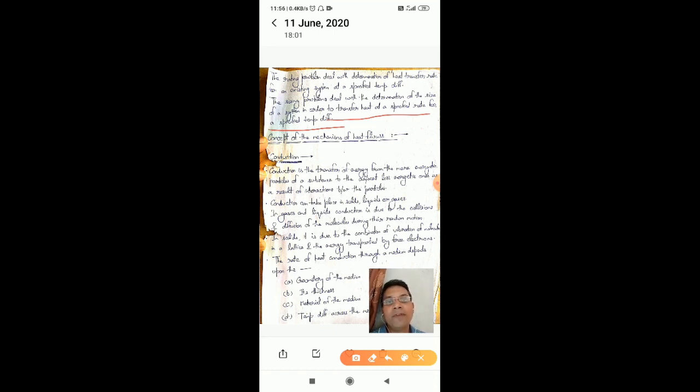If I want to determine that this is the heat transfer which I should achieve, what should be the diameter of the coil under the specified temperature difference.